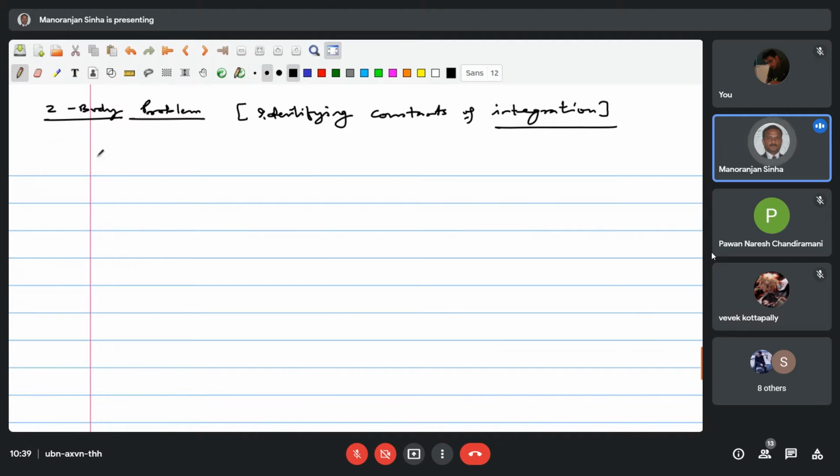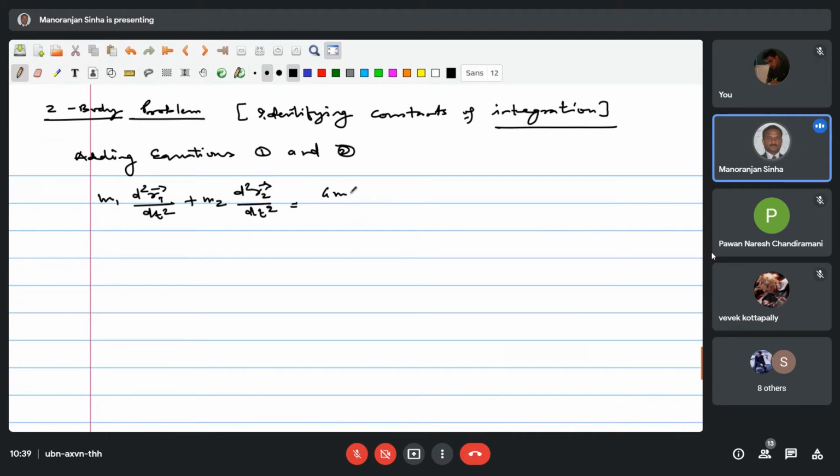For doing this, if we add equations 1 and 2, we can see that we get it in this format. And on the right hand side, we will have G m1 m2 divided by r12 whole cube, and this quantity is 0 because this cancels out.